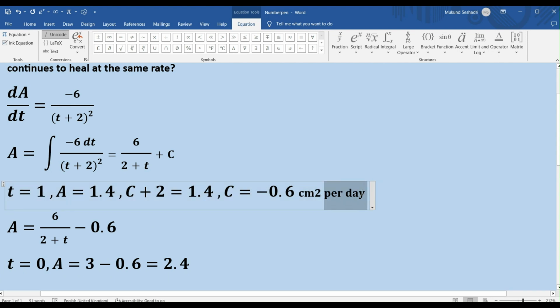I'm sorry, folks, I made a small error. This is not centimeter square per day. This is centimeter square, because C appears in the expression for the area of the wound and therefore it cannot be centimeter square per day. Apologies. So I come back to the problem. My area of the wound is 2.4 centimeter square.